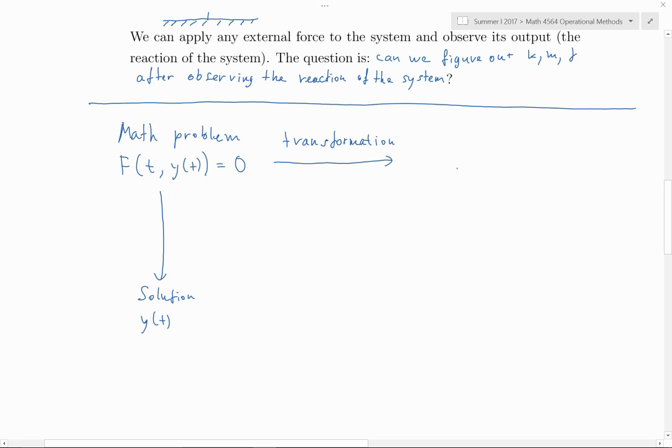into an equation for what we shall call y of s, and then the solution to this problem may be slightly easier to obtain.